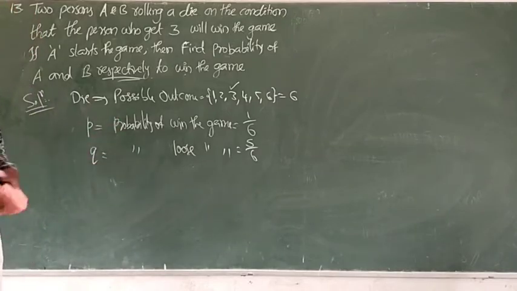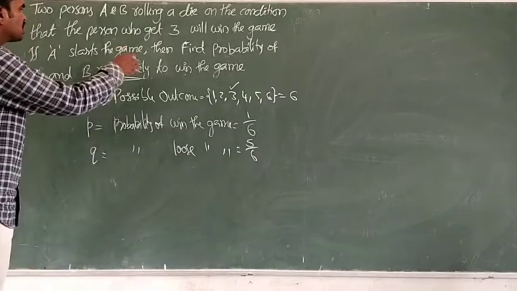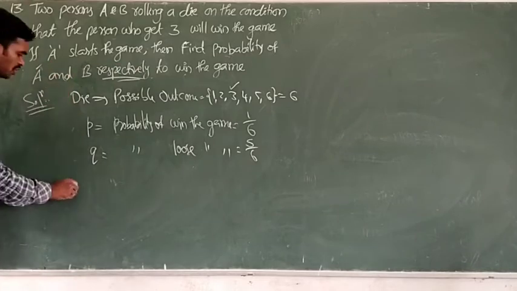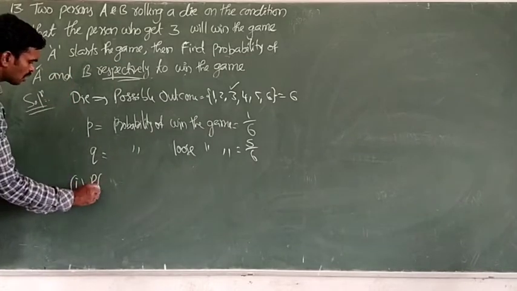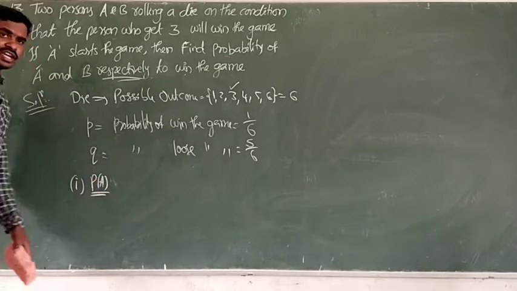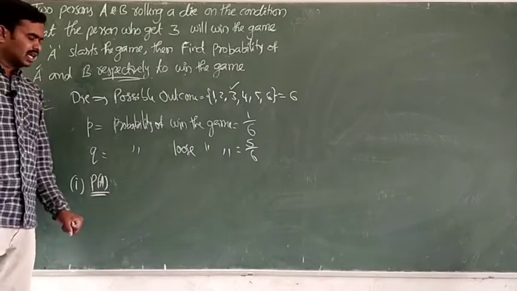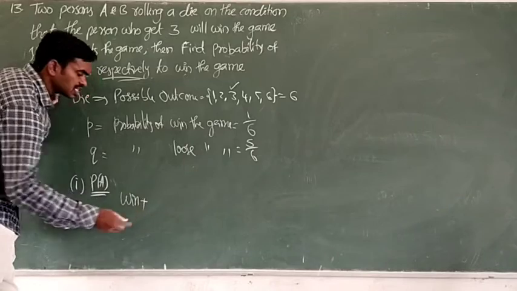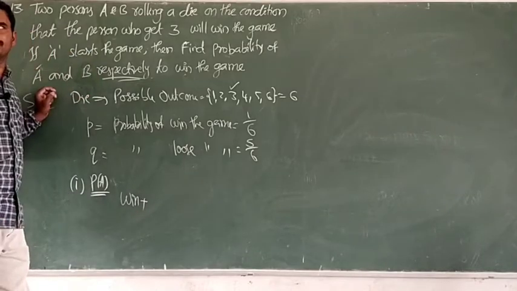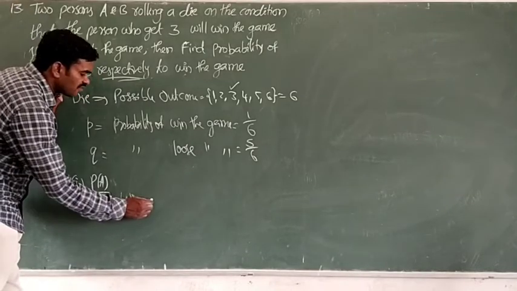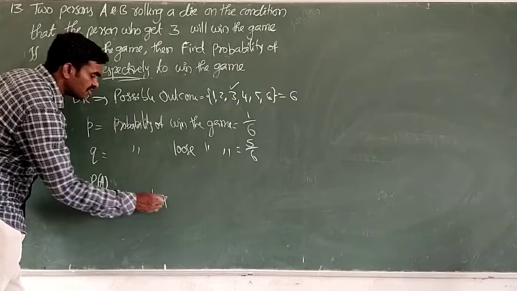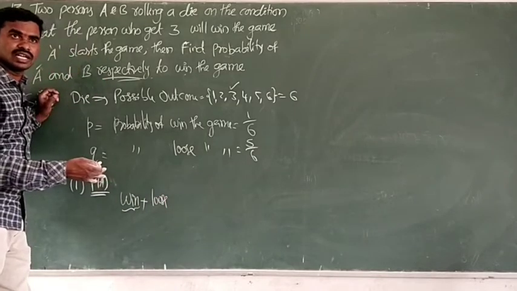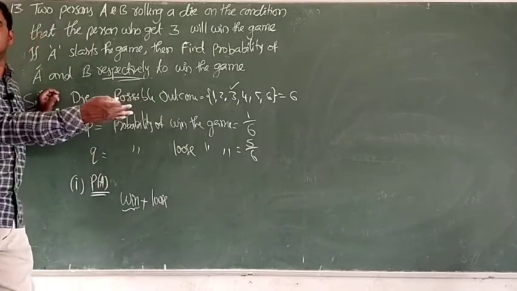Some small condition this is. Now I am taking the question. I am going to find the probability of A first. If A has to win, he may win in the first level, in the starting stage only. Otherwise, if he does not get 3, then B will take a chance.